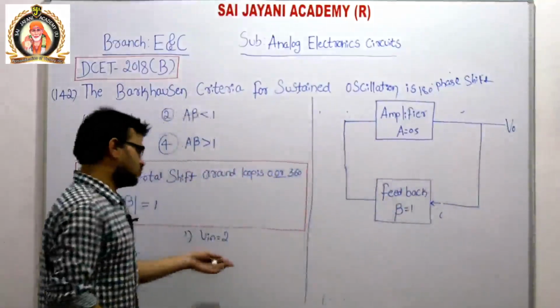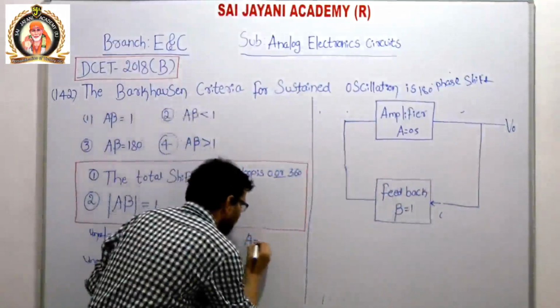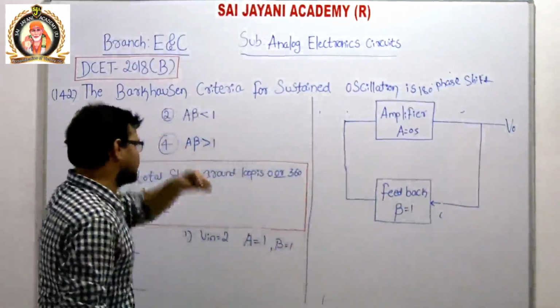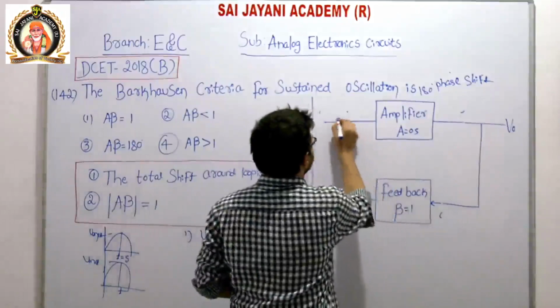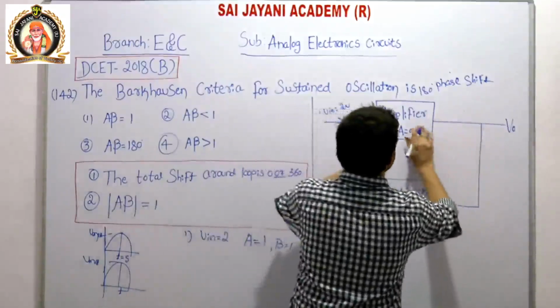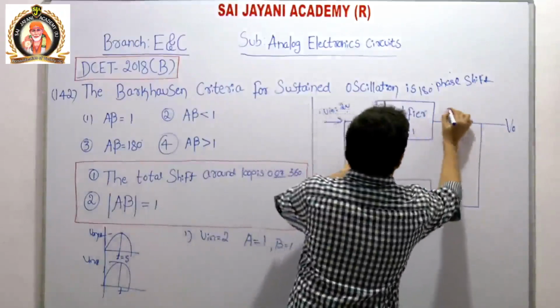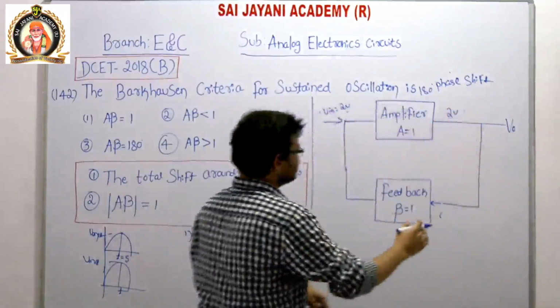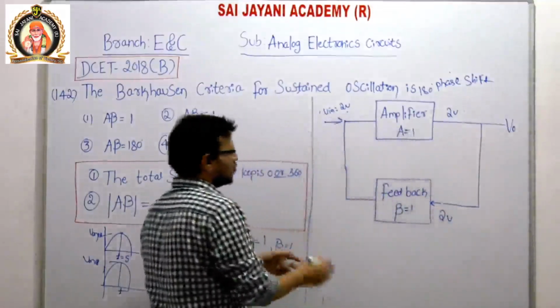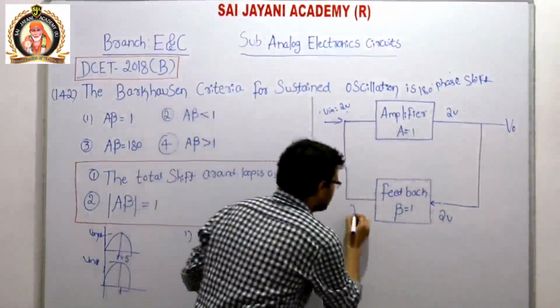If you give V in is equal to 2 volt and the amplifier gain A is equal to 1 and beta is equal to 1, then at the output of the amplifier circuit you are getting 2 volt. Then this 2 volt signal is again fed back to the feedback circuit, then at the output of the feedback circuit you are getting 2 volt.